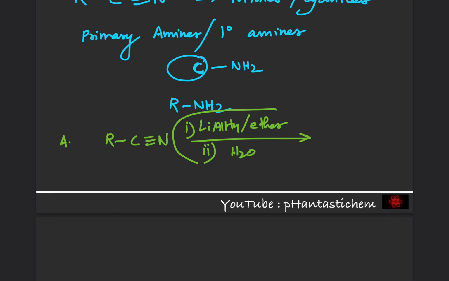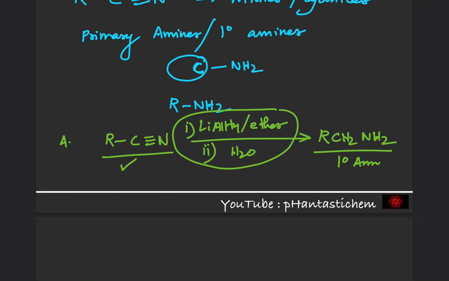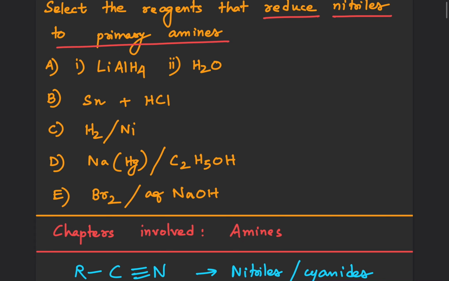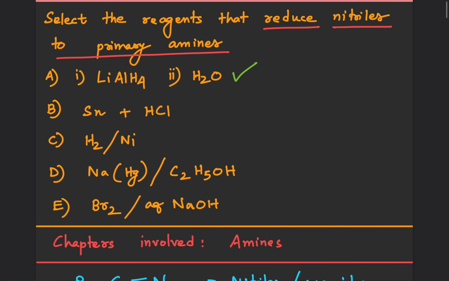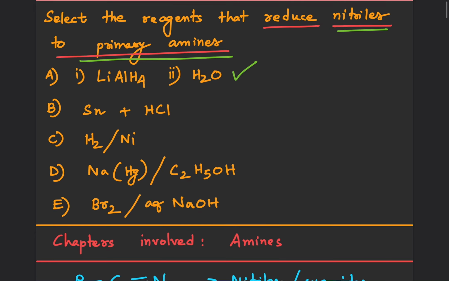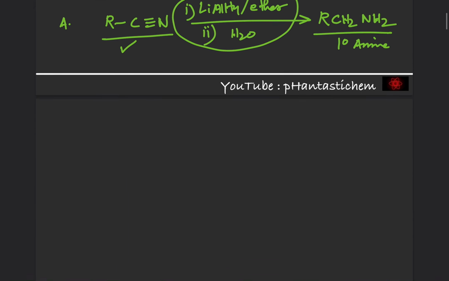So whenever these reagents are present, the nitrile or cyanide gets converted into RCH2NH2. Okay, so we have a nitrile or a cyanide, and we are getting 1 degree amine. So yes, therefore we can use A to reduce nitriles to primary amines. Okay, therefore A is correct.